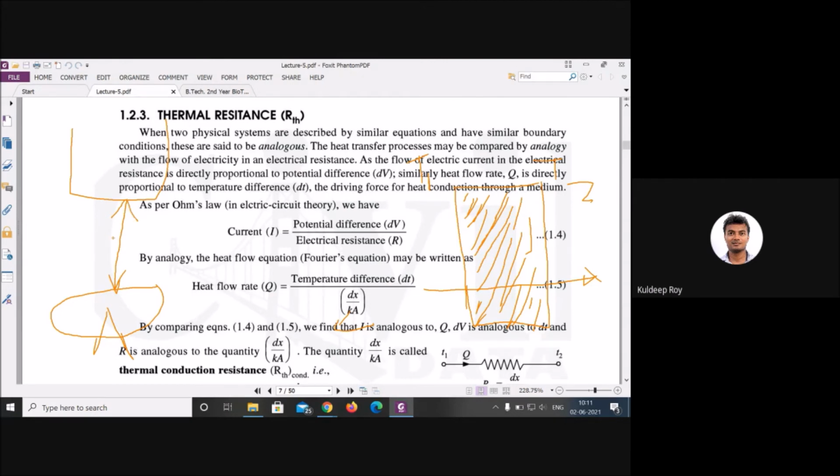But it will occur when it is closer. In your household, if you check your gas burner, the distance between the stove and your plate or any utensil is very small.